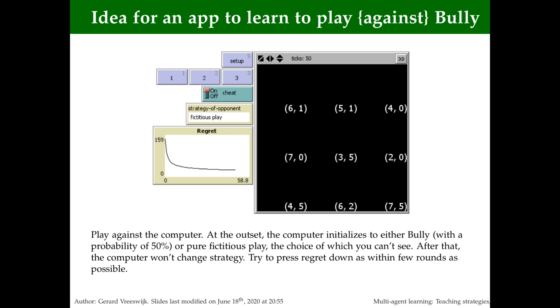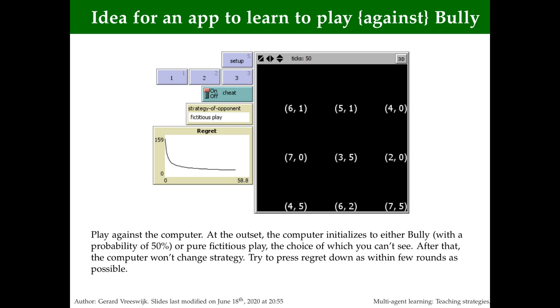So the point of this exercise is that, at the outset, you have to discover whether your opponent is a bully or a fictitious player. If you think your opponent follows the bully strategy, then you have to play as a fictitious player, because that's the best play against bully.